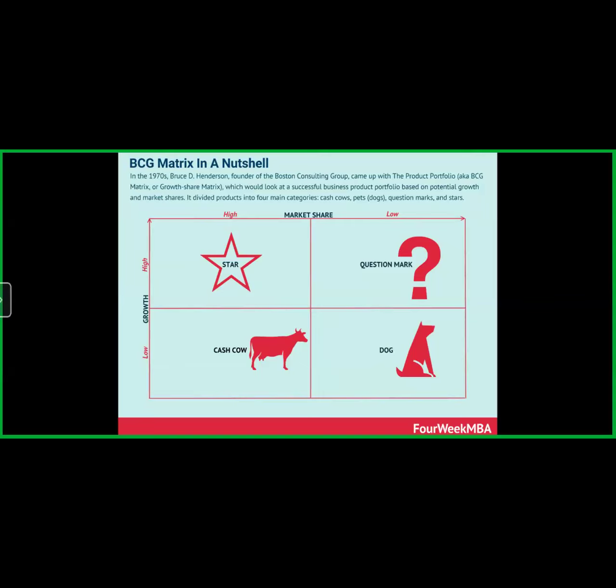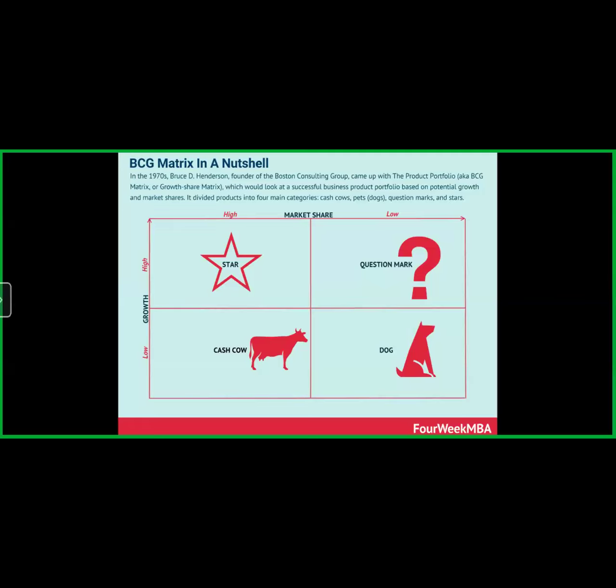Now, what these four quadrants explain about the potential growth or performance of the company related to market share, we will be discussing one by one. You can see that under star, on the left side and on the upper side, high is written, whereas for question mark low is written.